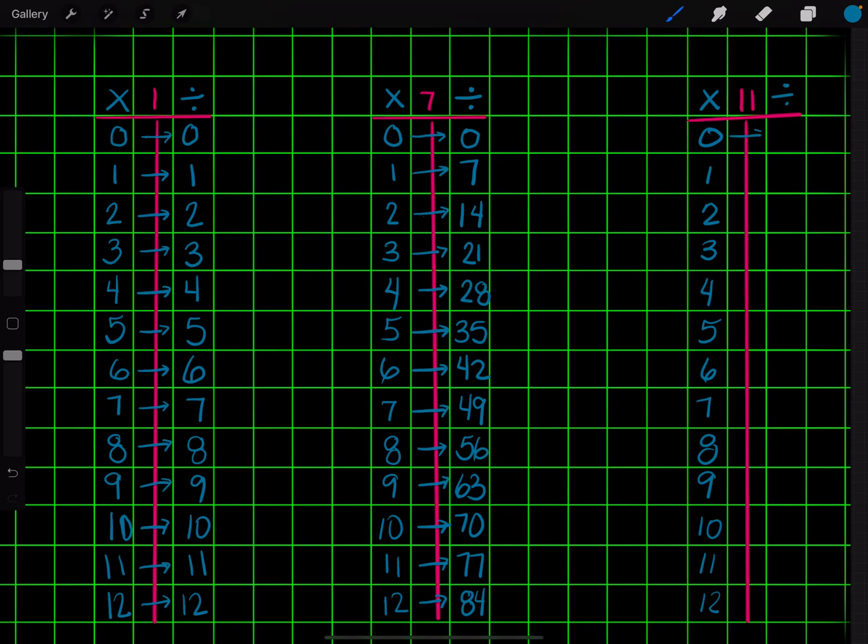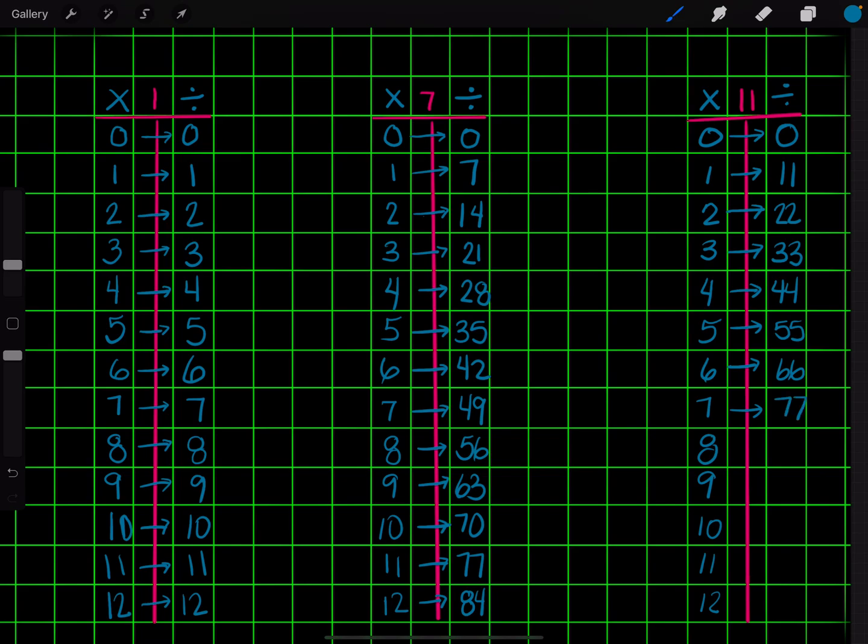So 0 times 11, 11 groups of 0 would still be 0. 1 group of 11 is 11. 2 groups of 11 would be 22. 3 groups of 11, 33. 4 groups of 11 is 44. 5 groups of 11 is 55. 6 groups of 11, 66. 7 groups of 11, 77.